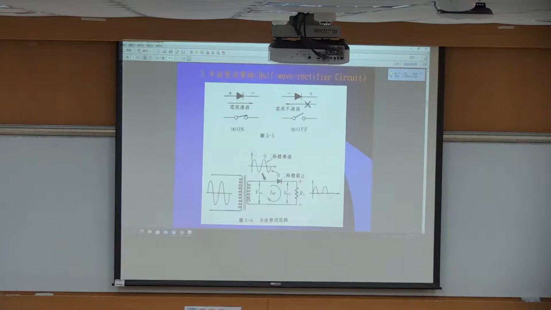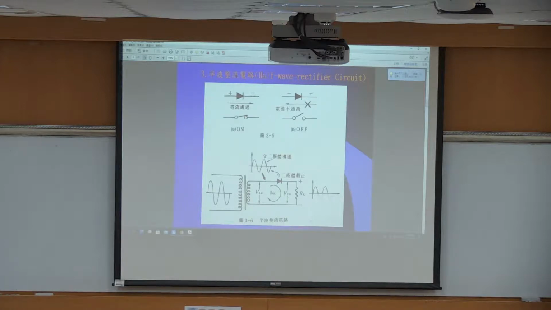In the experiment we tested last week, we learned that the diode has different characteristics: if we apply different polarity on its two sides, the current will flow through, or the circuit will be cut off, in the different operations.